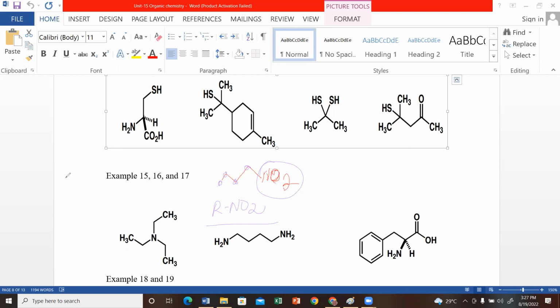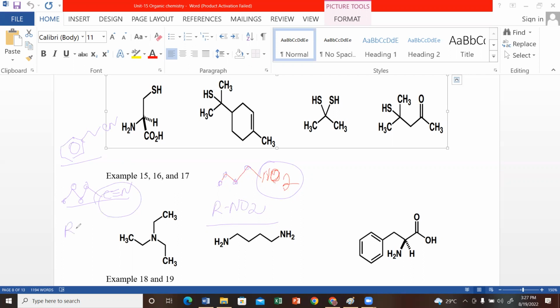If we have this one, or if we have this one, which type of functional groups are present over here? It is simply a 1, 2, 3, 4 member chain and CN.